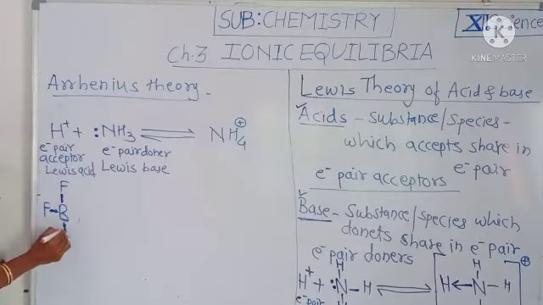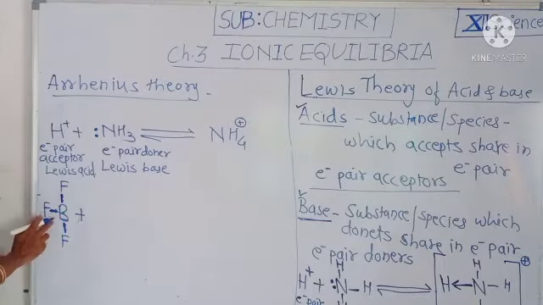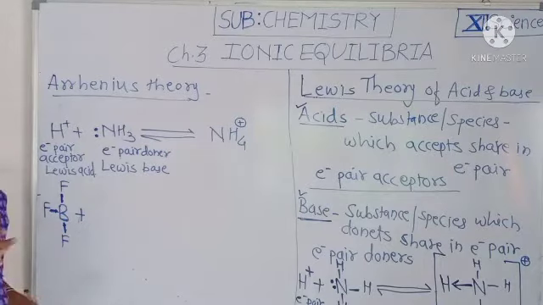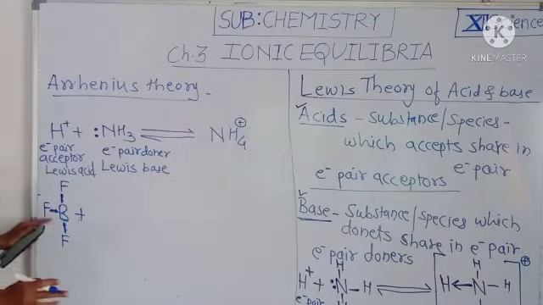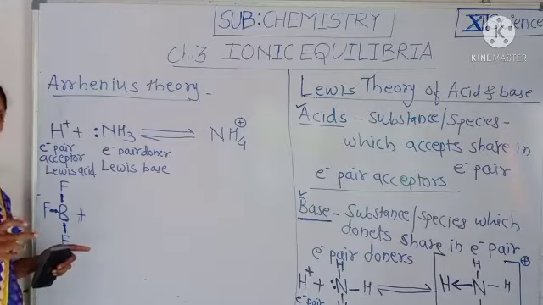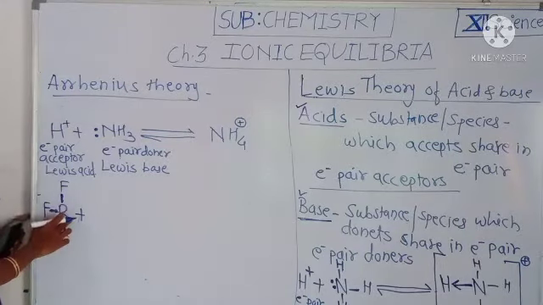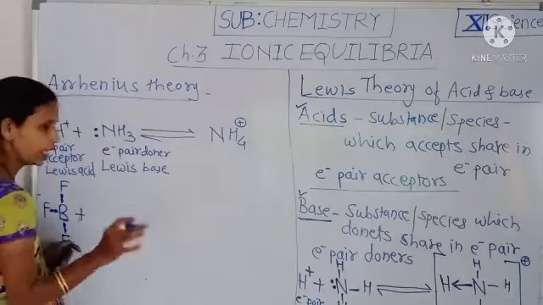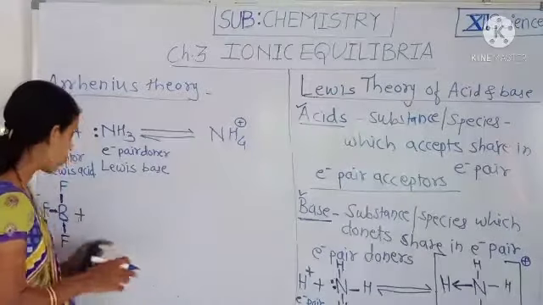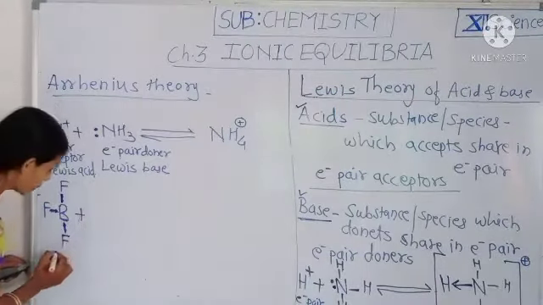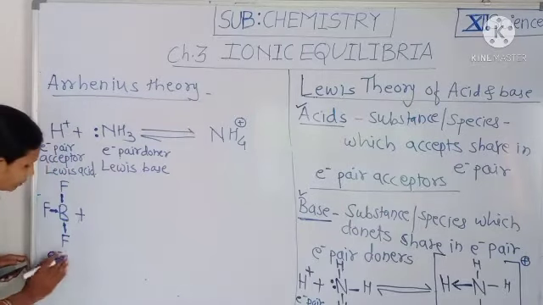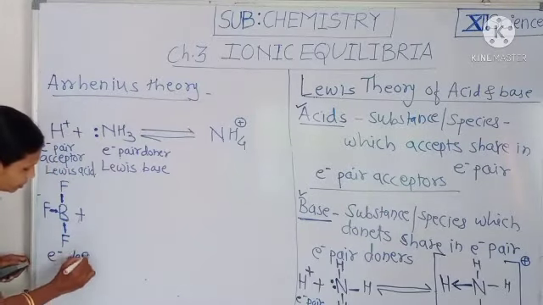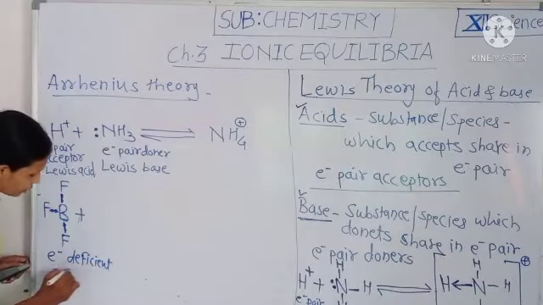Boron does not have 8 electrons in its octet, therefore it has an incomplete octet. That means boron does not possess 8 electrons in its octet. Therefore it is an electron deficient species.